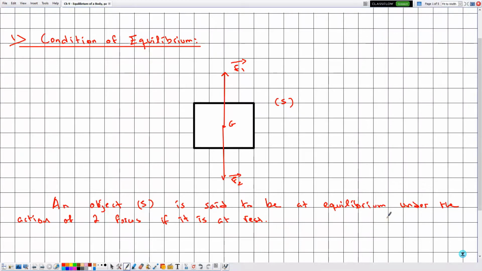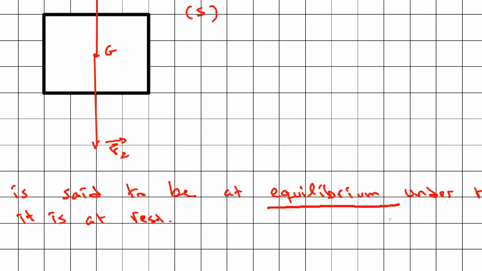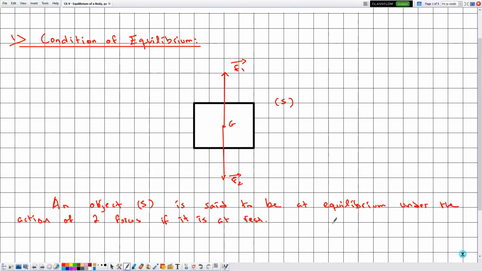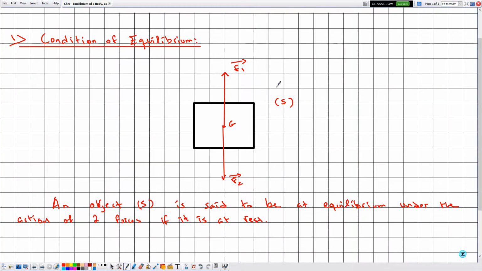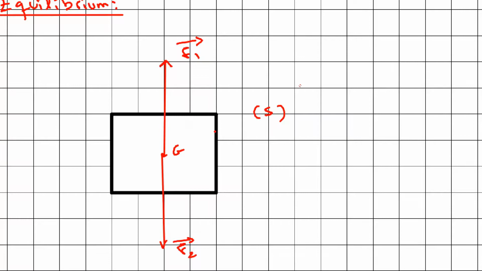So what do we mean by the equilibrium? Notice that the first part of this word comes from equality, or equal. Under the action of two forces, if it is at rest, and by at rest or at equilibrium we mean that it is not moving.